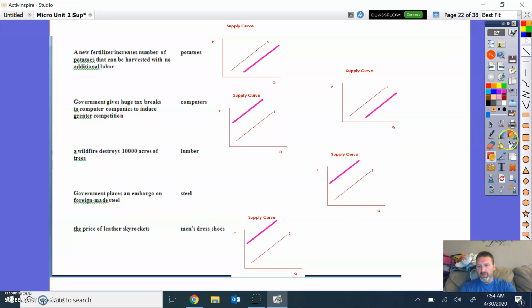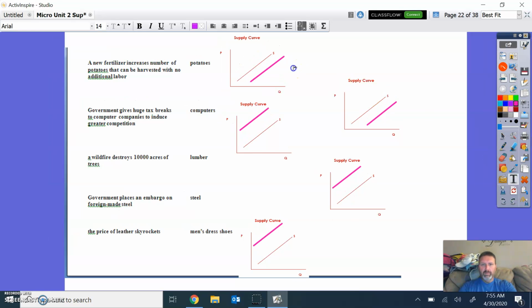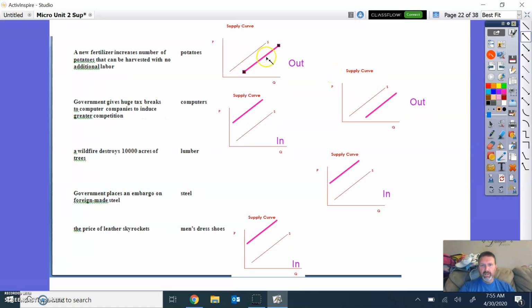Okay, so notice how, if I'm saying this, out, in, in, and if I use my arrow guy, because this is what it should look like, okay, out, right, out, in, right.